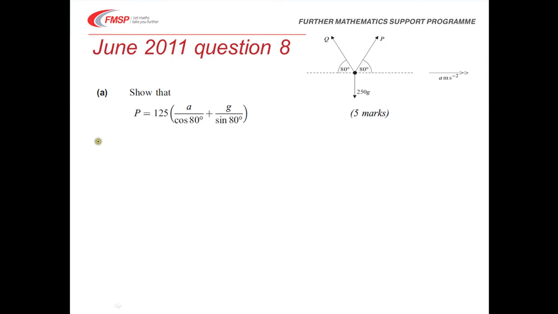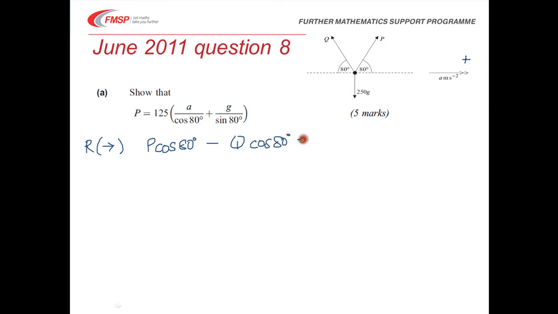If we resolve horizontally, we're going to use F equals ma. The resultant force is going to be P cos 80, taking this direction to be positive, and there is an opposing force of Q cos 80.